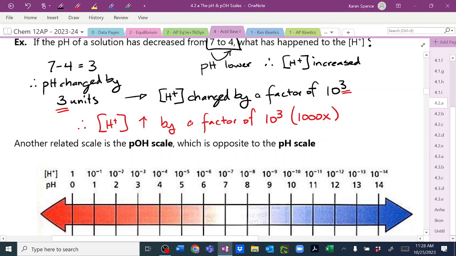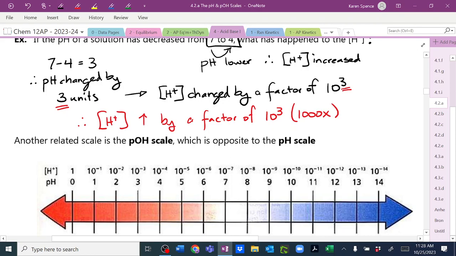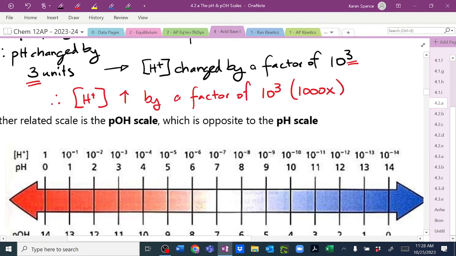Another related scale is the pOH scale, which is essentially the opposite of the pH scale. Let's take a look at our pH scale. We haven't really talked about it in depth just yet, but it goes usually from 0 up to 14. You can actually get negative values, yes, of course.